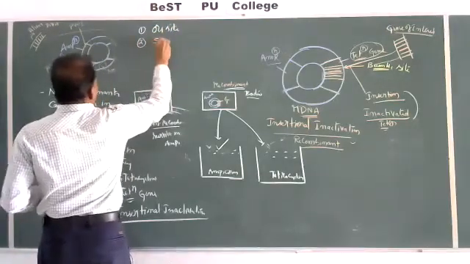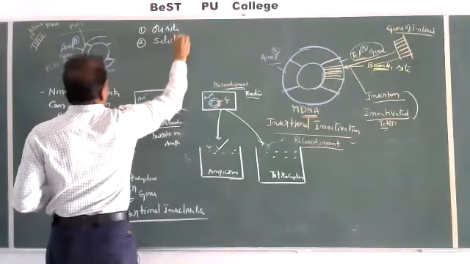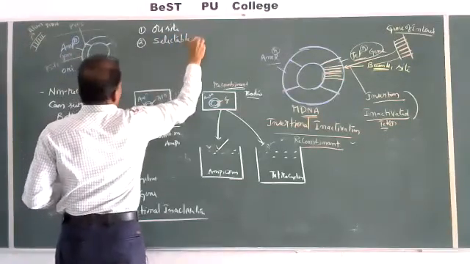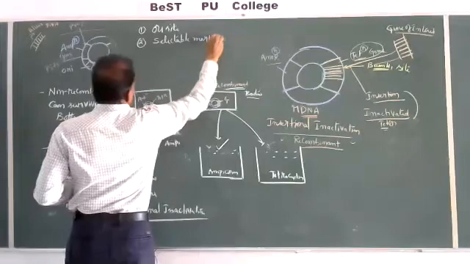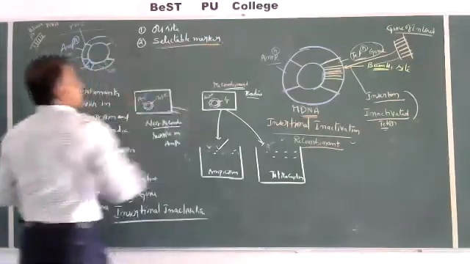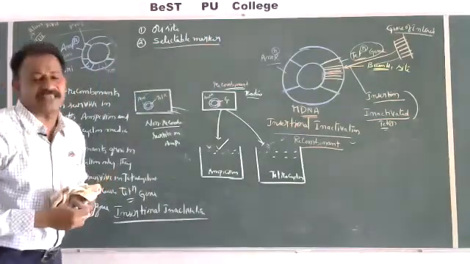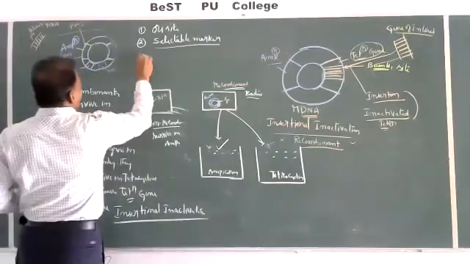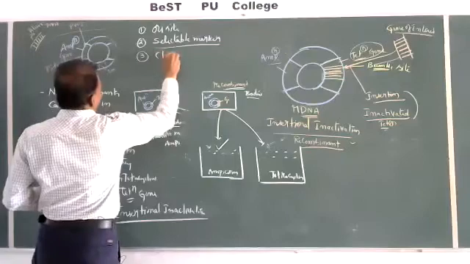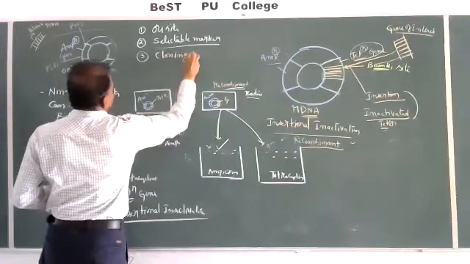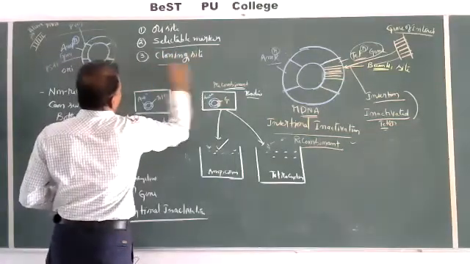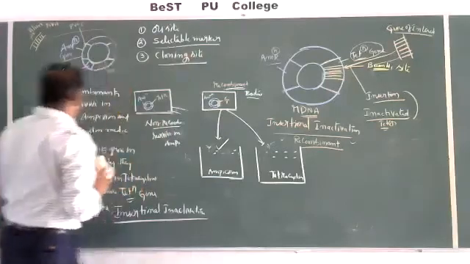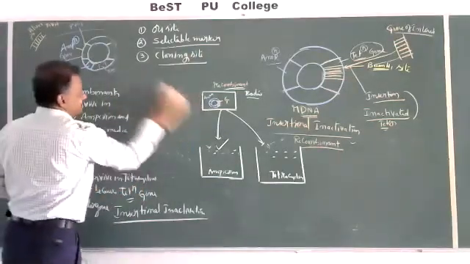Second, it should have a selectable marker, an identification mark to select. Third one, cloning site.